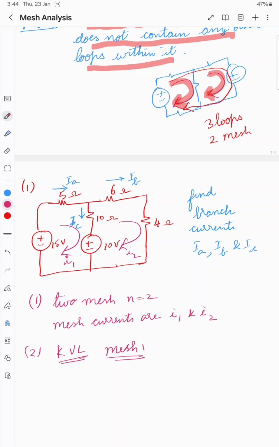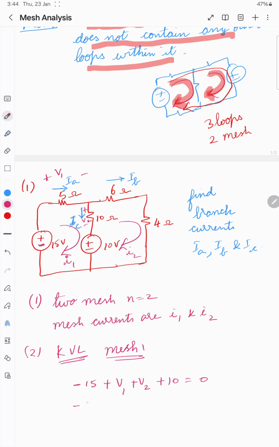The current I1 is entering the minus of the voltage, so it is minus 15 volts plus the voltage drop across, let me say this is V1, and let me say this voltage is V2. So minus 15 plus V1 plus V2 plus 10 is equal to 0. This is the Kirchhoff voltage law for mesh 1.